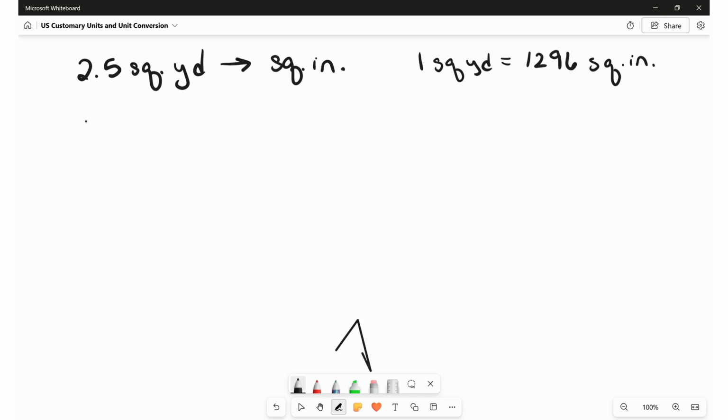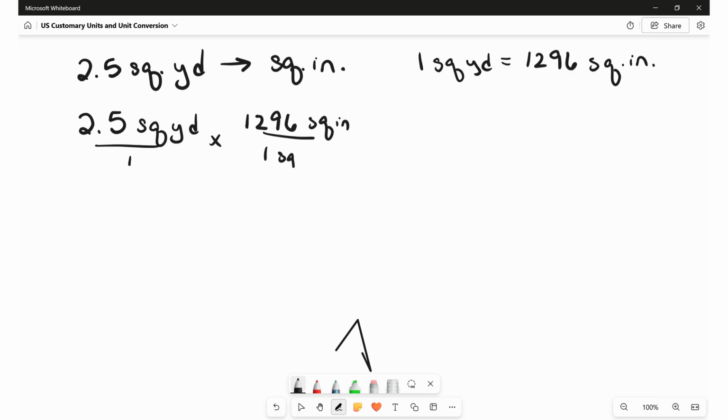Just like before, 2.5 square yards times, we want to end up with square inches, so that's what we're going to put on top. Because our square yards cancel, we are left with 3,240 square inches.